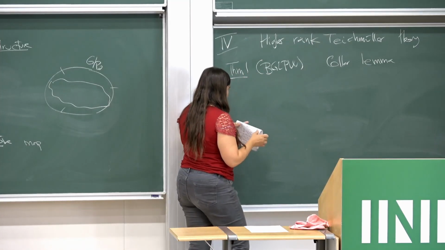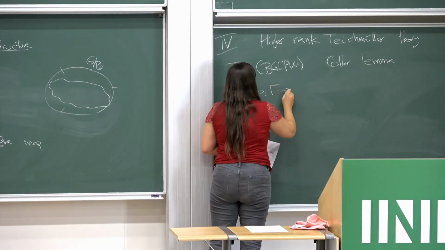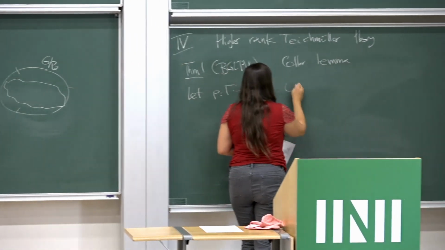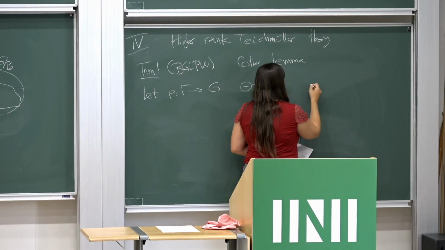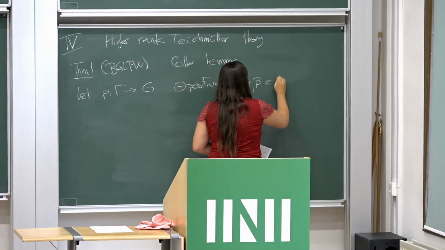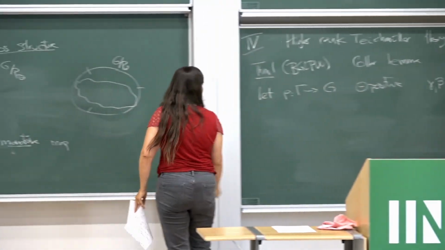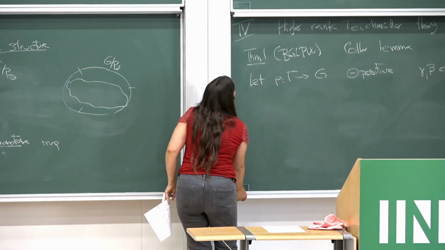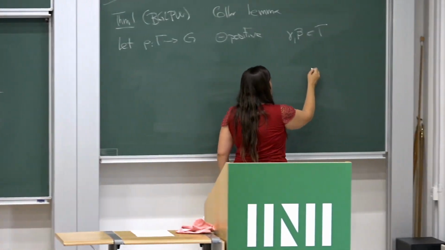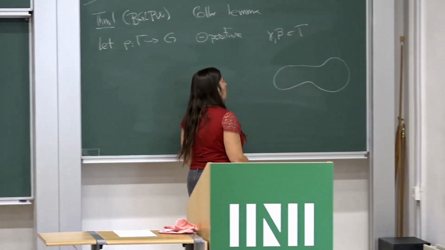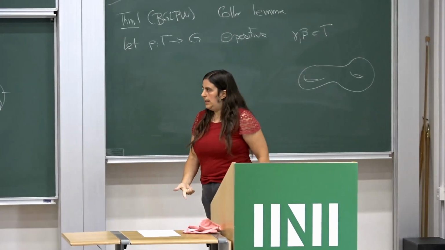What we prove is this property. So I have rho from Gamma to G, a Theta-positive representation. And now I take two elements, gamma and beta, in my fundamental group of the surface. Maybe that's the worst possible board to write on, sorry. Remember Gamma was the fundamental group of a surface, and I want them to intersect in the surface.